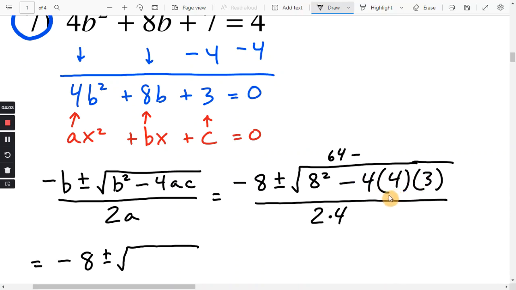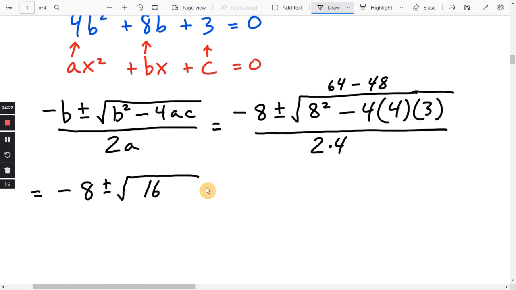That is 30 plus 18, or 48. Okay, so 64 minus 48. Well, 64 minus 50 is 14, so that's going to be 16. All right, feel free to use the calculator. And denominator, 2 times 4 is just 8.